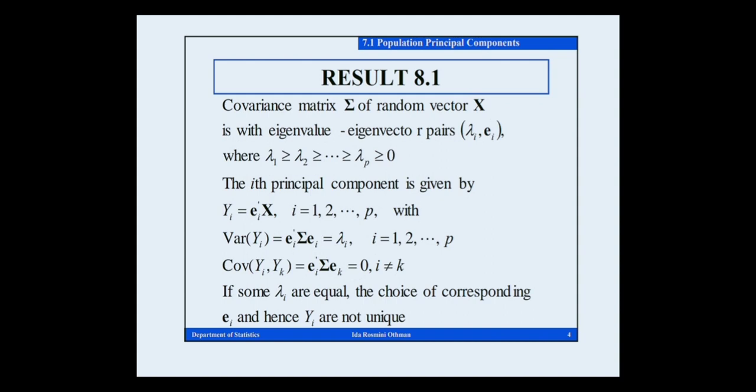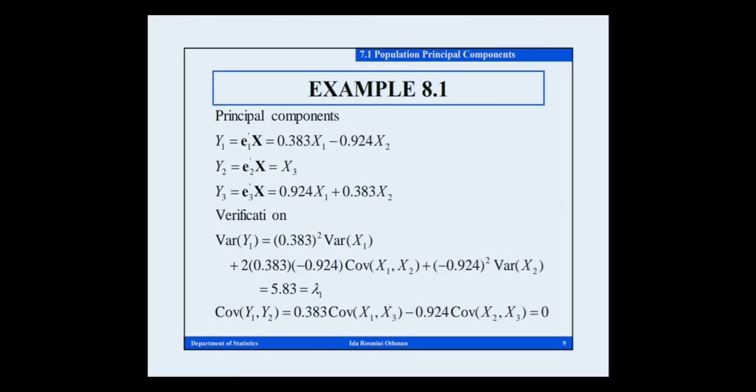So we can say that the covariance between the two principal components is 0. So kalau ditanya what is the covariance between y1 and y3 contohnya, if y1, y2 and y3 adalah principal components from the variance covariance matrix given, so you can say that the covariance between y1 and y2, y1 and y3, or y2 and y3 is equal to 0.